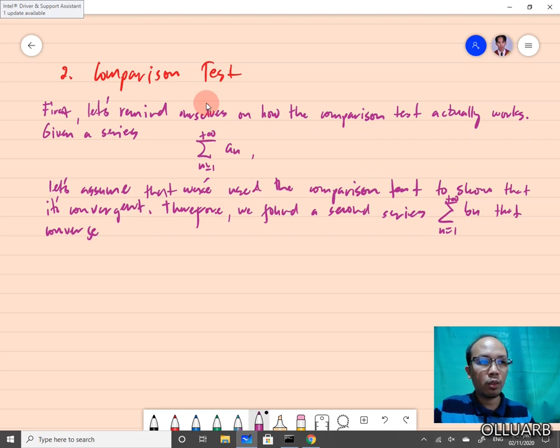Remember, not the other one, the direct comparison or comparison test theorem number 2, which talks about divergence.